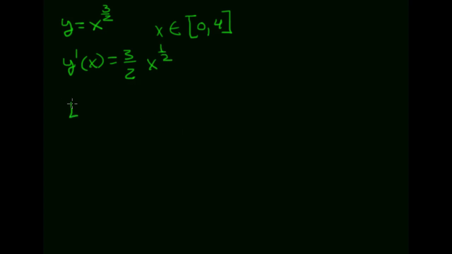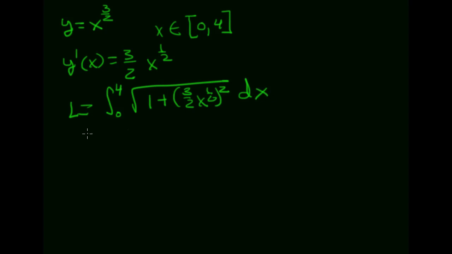So the length is going to be the integral from 0 to 4 of the square root of 1 plus 3/2 x to the 1/2 squared dx, which works out as the integral from 0 to 4 of the square root of 1 plus 9/4 x dx.